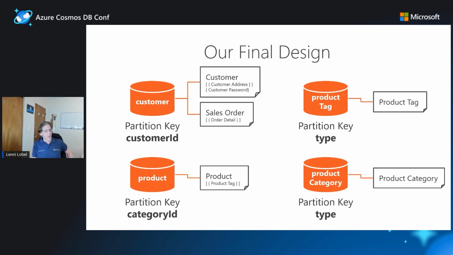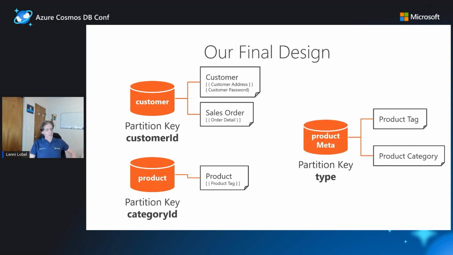They're both small lookup lists. Doesn't make sense to create a container per small lookup list. We could combine those into one metadata container called product meta, and combine product tag and product category documents, and now bring it down to 3 containers with a very efficient data model to handle a relational data scenario in a non-relational database like Cosmos DB.